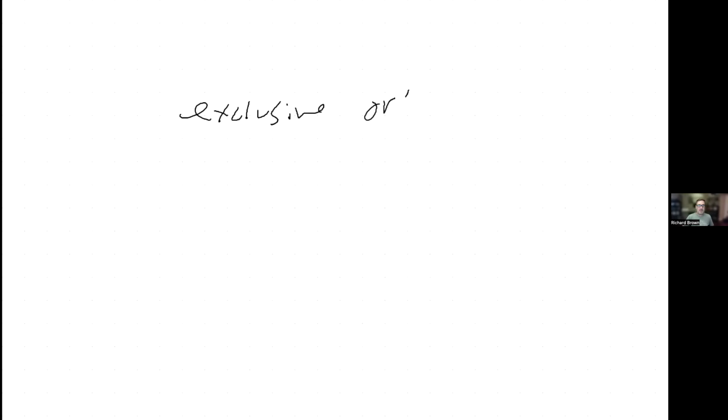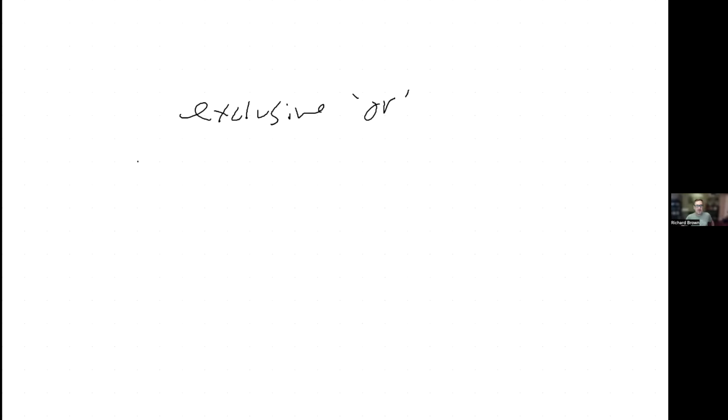Inclusive or is sometimes written and/or to make it very clear. But we say that the inclusive sense of or is the default one.